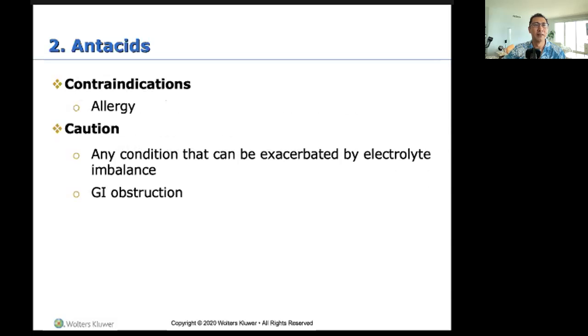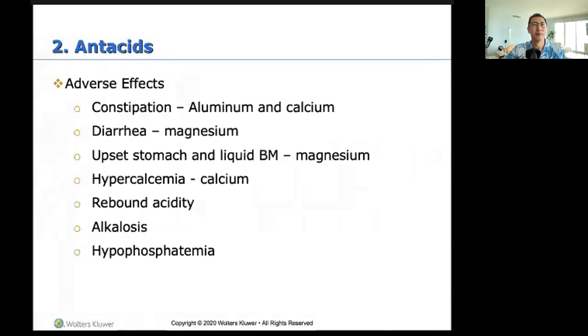Contraindications, nothing there. Caution, any condition that could be exacerbated by electrolyte imbalance, GI obstruction. Why am I talking about electrolyte imbalance with this antacid? Because of this adverse effect. It messes with the magnesium, the calcium, the phos.